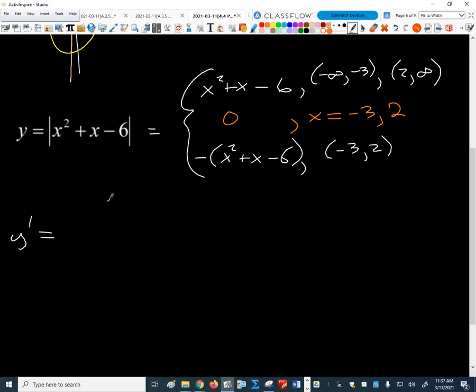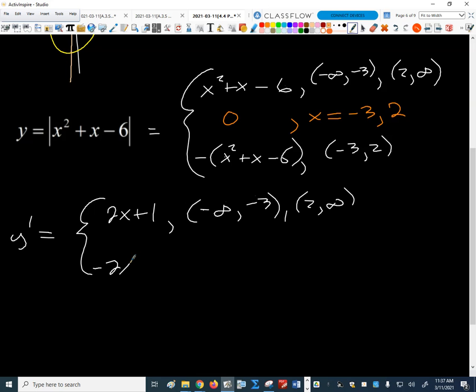Y prime equals, I just differentiate piece by piece. The derivative of the top is 2x plus 1, and that's what's true on the domain of the top piece. The derivative of the bottom piece is going to be negative 2x minus 1.